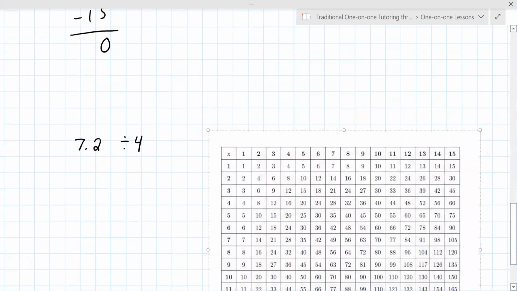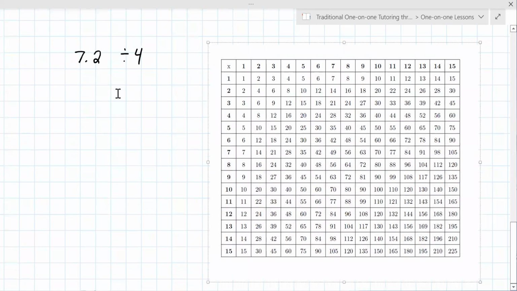So we ask ourselves, 4 times 2, right? Did you write this 4 into 7.2?